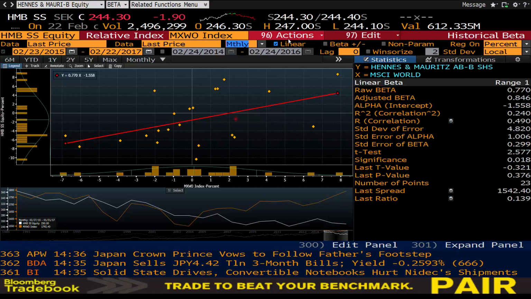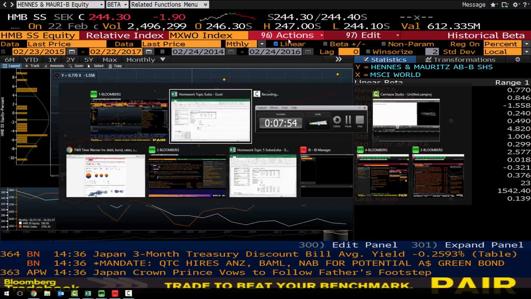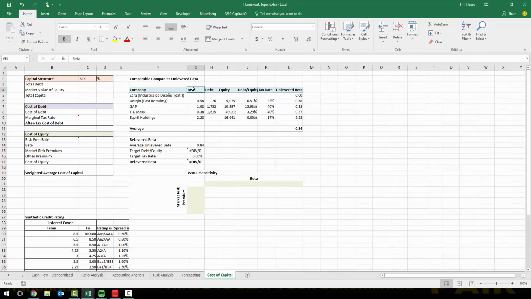So effectively speaking, what I'm trying to show you is that beta estimates are not precise. They're very volatile. They're not something that is an exact science. So usually, when we estimate the beta of a company, specifically when we try to value it, it's very rare that we actually use the beta of the company itself. Instead, what we usually do is use something called the comparable companies unlevered beta approach.